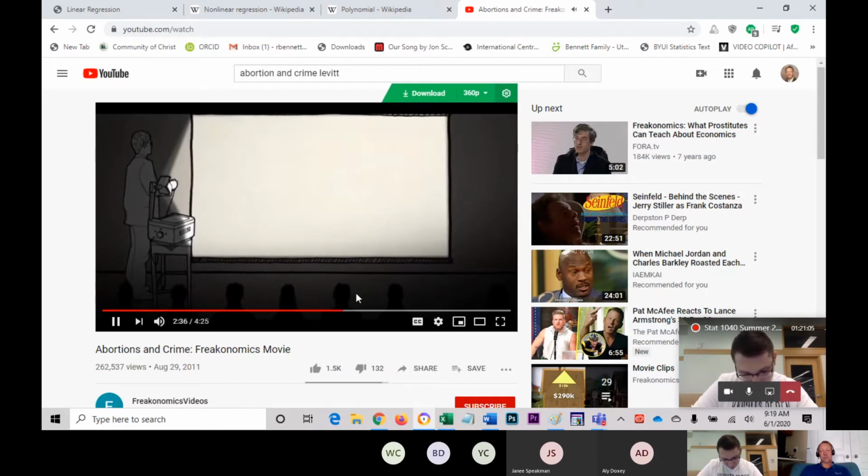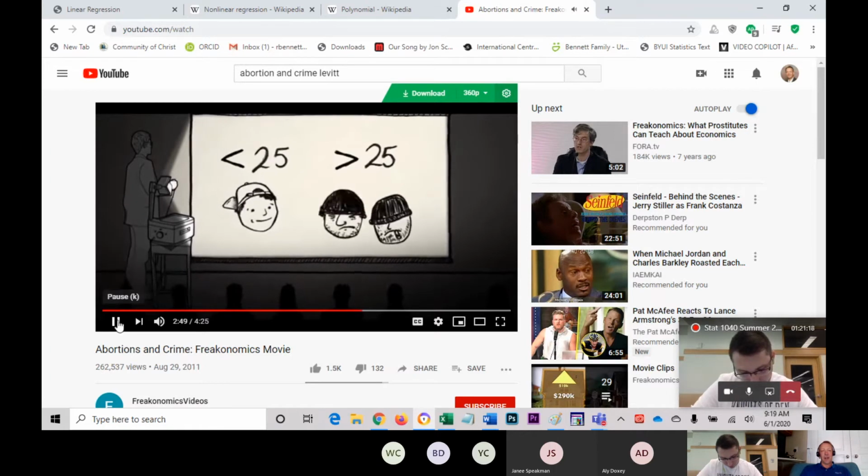And he also noticed that people under the age of 25 had a lower crime rate than people over the age of 25. And this is 25 years after Roe v. Wade, basically. And so he thinks that gives evidence.